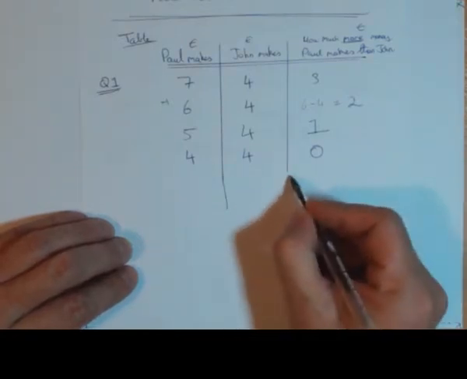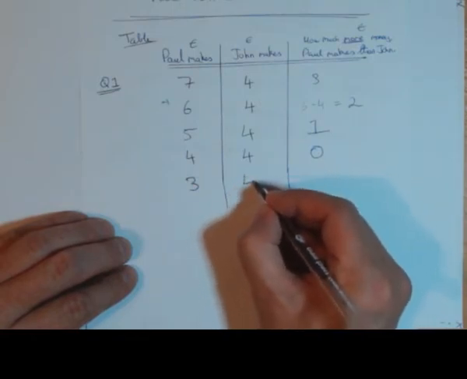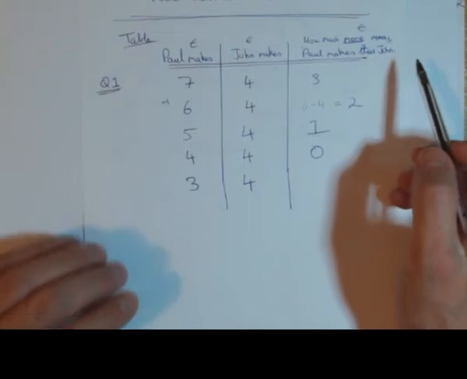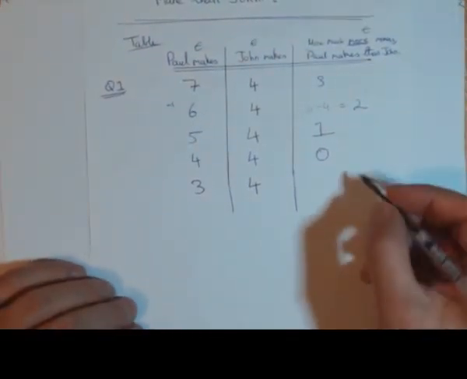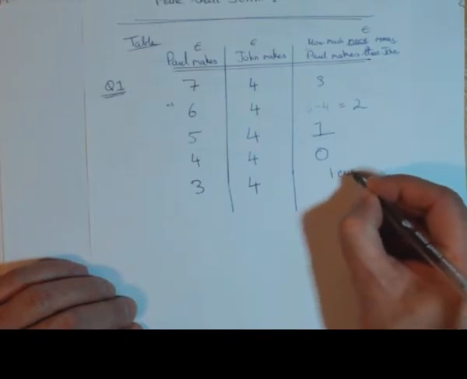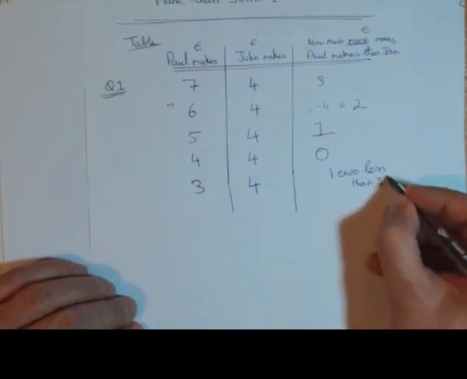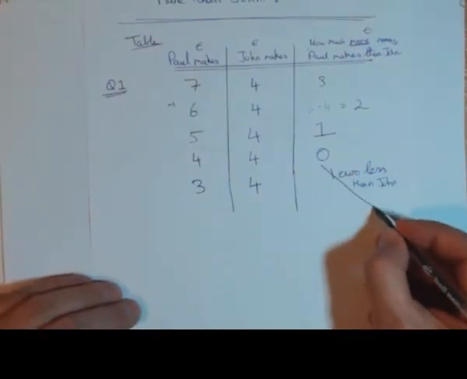But now we come to an interesting question. What happens when we say that Paul makes €3 and John makes €4? And the question is how much more money Paul makes than John. Now normally in English, of course, we would never say this. We would just say that Paul makes €1 less than John. But for reasons that we will discover as we go along, I'm not going to say that.